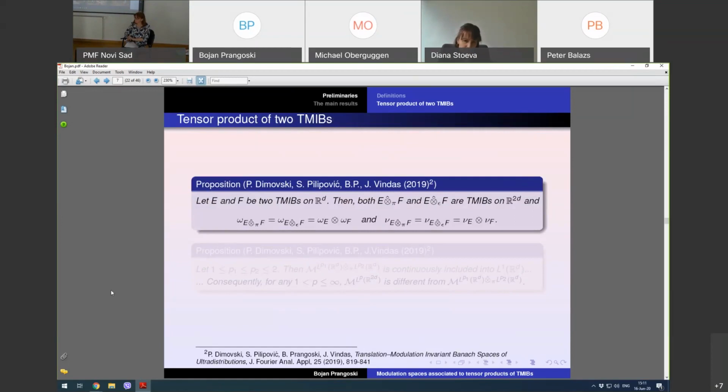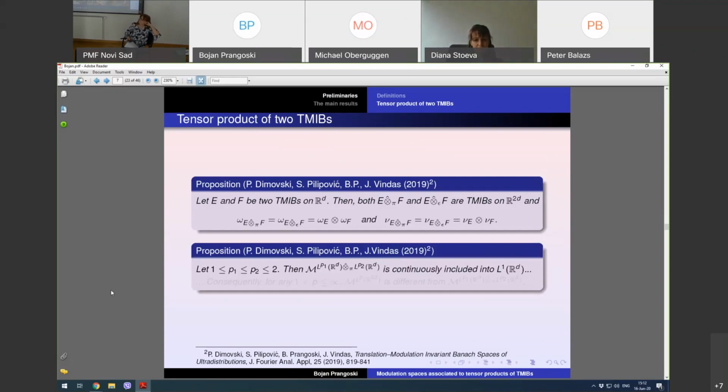This is interesting for us because if you take for E and F two LP spaces, you can take their completed pi product or epsilon product, and you get a translation-modulation invariant space on R^2d, and you can generate the modulation space associated to it. Our goal in this talk is to identify how this space looks, in a sense, to express it in terms of already known spaces.